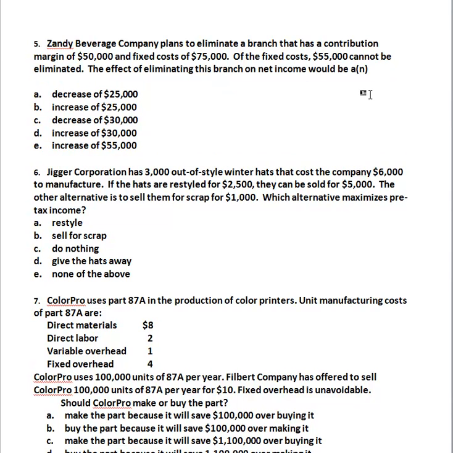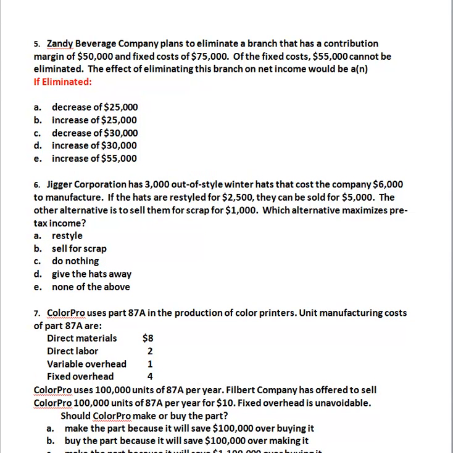If eliminated, what's going to happen is that you are going to lose the contribution margin, okay? So we are going to lose $50,000 of margin because the revenue would go away plus the variable cost would go away. So if we eliminate, we're going to lose $50,000.